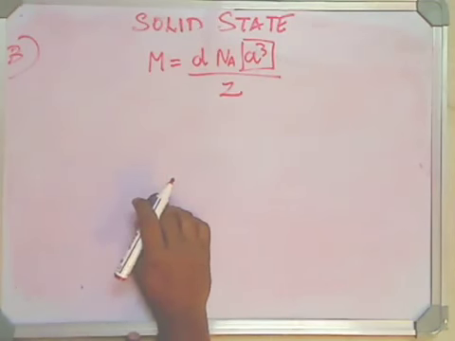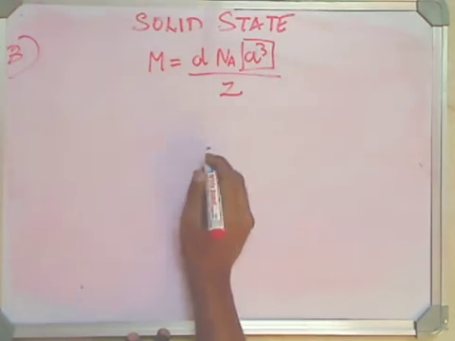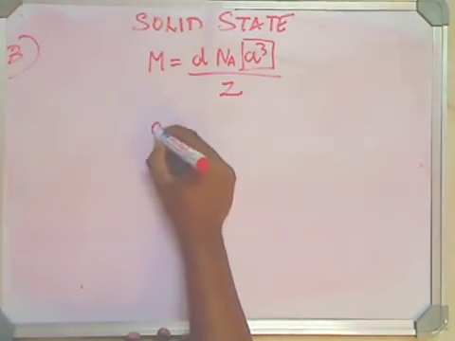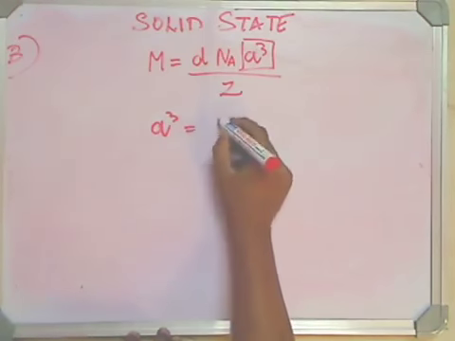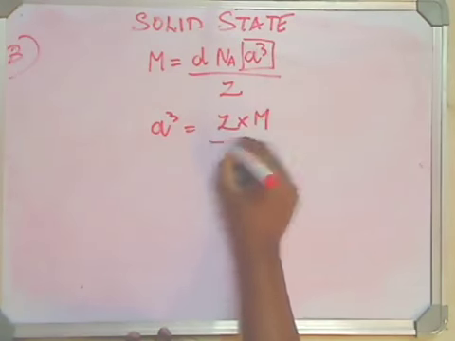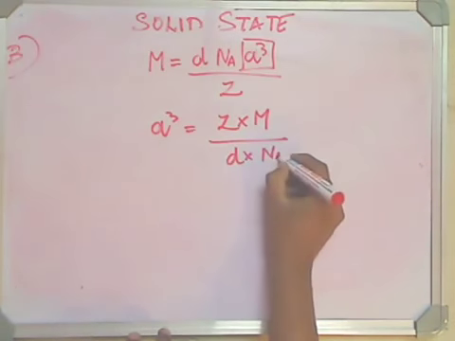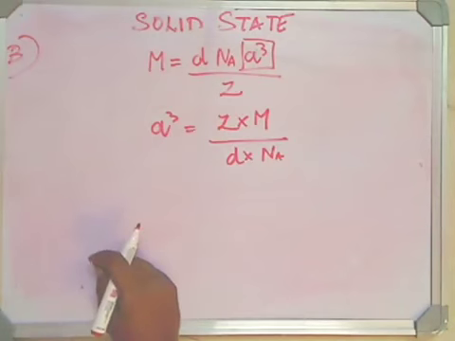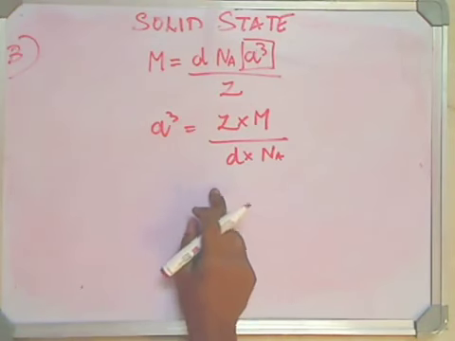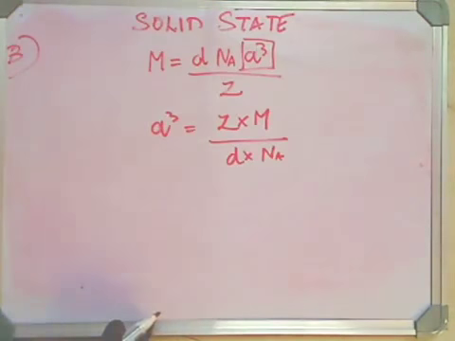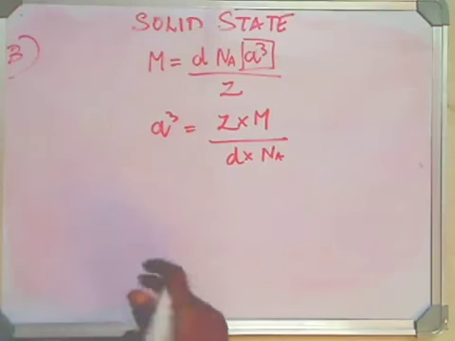Before I proceed with my calculations, I first need to find this. So I slightly change the formula and this becomes a cube equals z times m divided by d multiplied by Avogadro's constant. So I'm going to use this and I'm going to find the edge length.